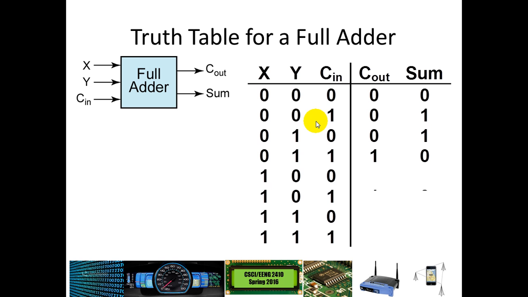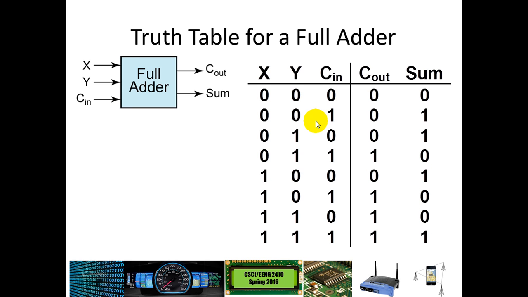So in this case, 1 plus 0 plus 0, total of 1, so we get 0, 1. 1 plus 0 plus 1, total of 2, so we get a carry out, and 0 for the sum. 1 plus 1 plus 0, in that case, a total of 2, so we write that as 1, 0. And finally, this is the only case where we have both a carry out and a sum. We have 1 plus 1 plus 1, so that gives us both 1s for the carry and the total sum.